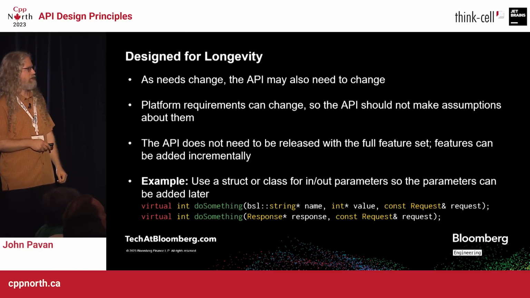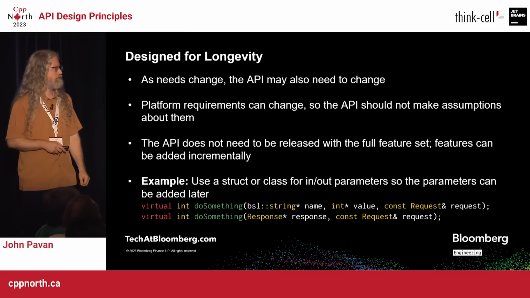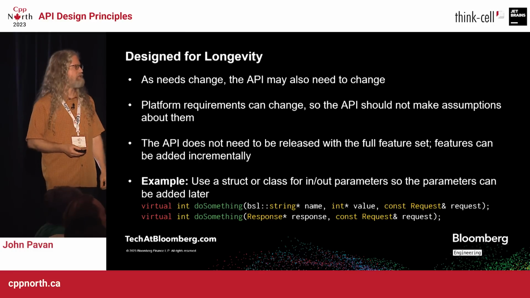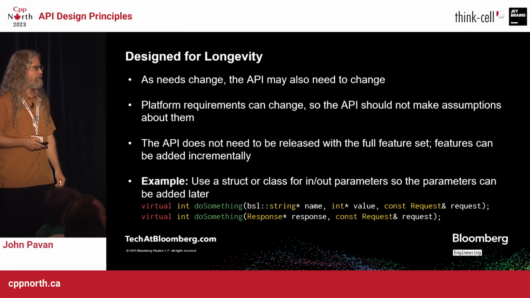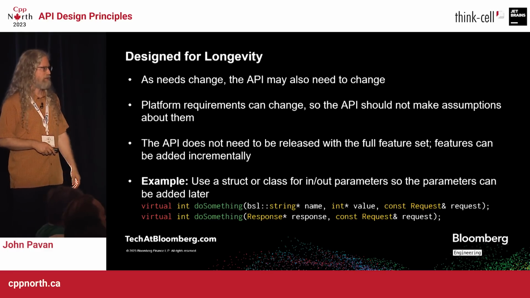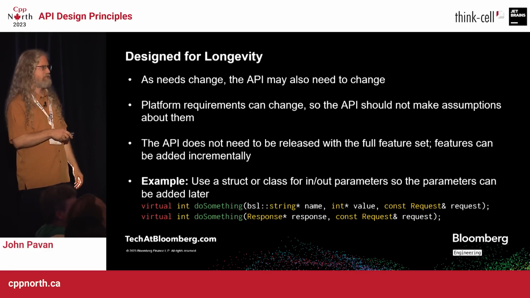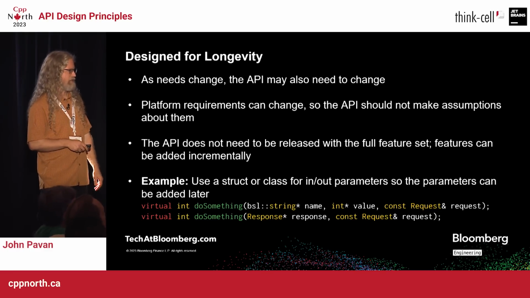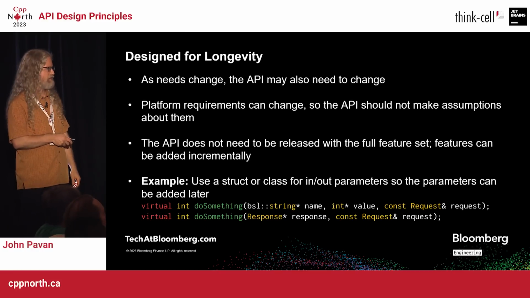You should remember that your API doesn't have to be released with the full feature set. You can add features incrementally as they're needed. Here's an example of a way you may be able to make things a little bit better, although this does still induce an ABI breakage when things get added. If you had a function that does something in response to a request, it may be that you populate a name and a value based on the request.